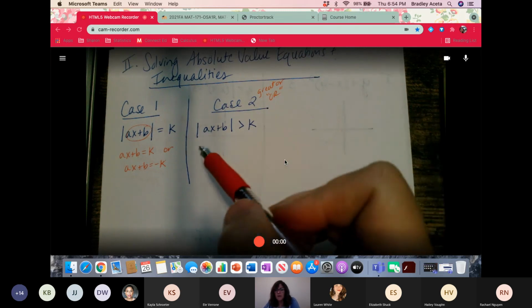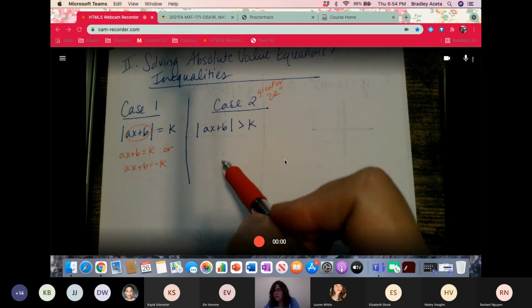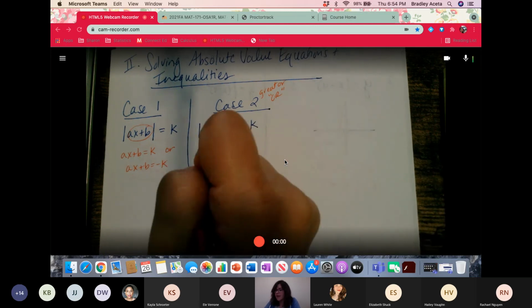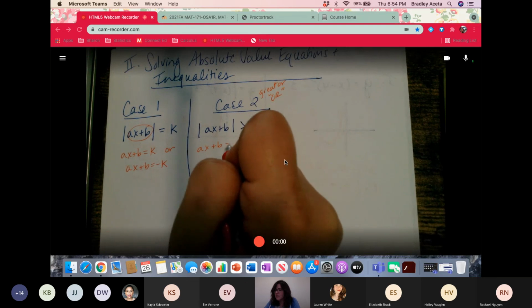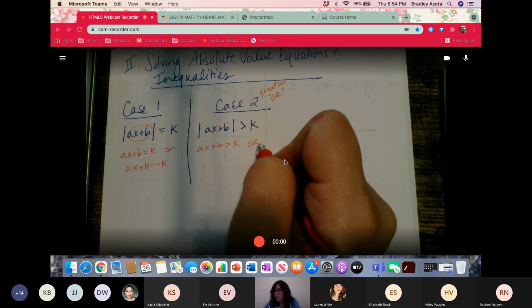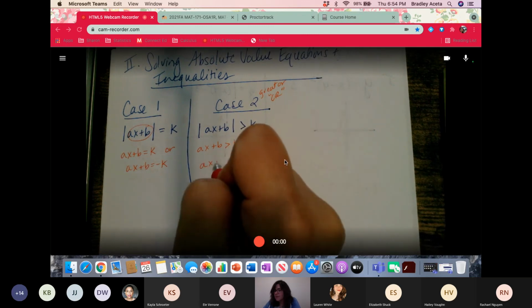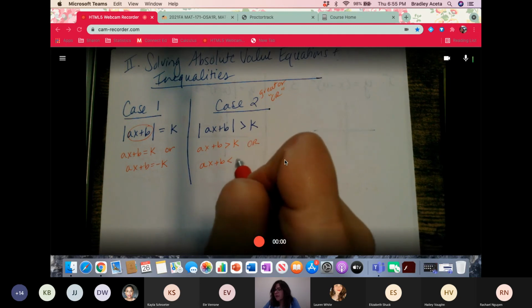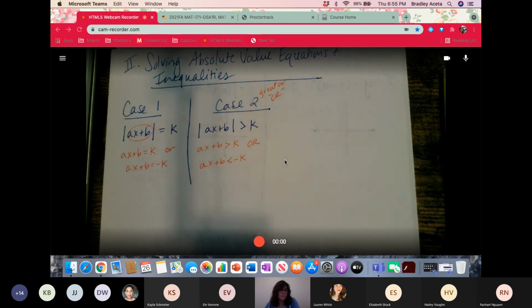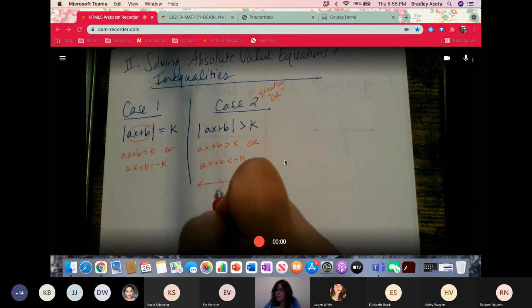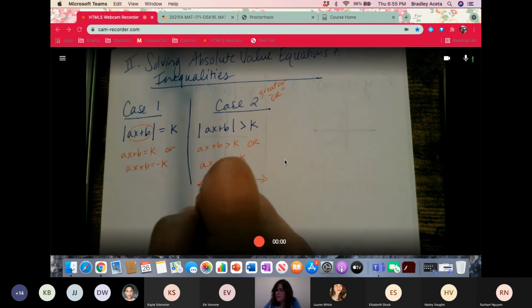Now the way to write out the 2 inequalities that work out from this one is similar to this. You would have ax plus b is greater than k. You write it just like it is, as if it had no bars. Or ax plus b, flip the inequality, change the sign. And your graph should look like an OR graph. You will have answers located here.